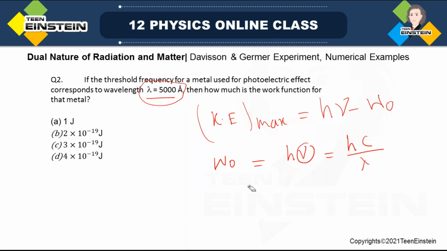Now look here, hc by lambda, there is also a nice simplified calculation.